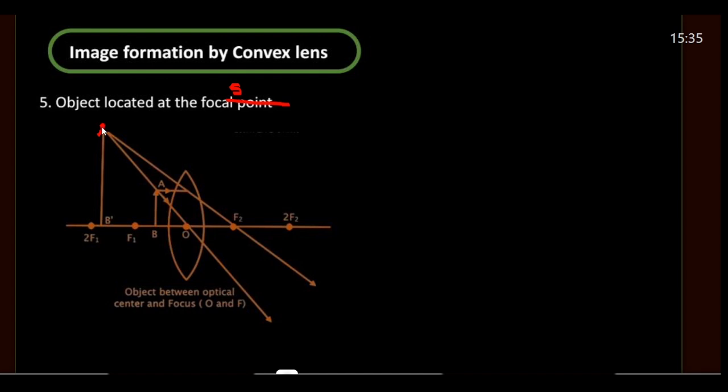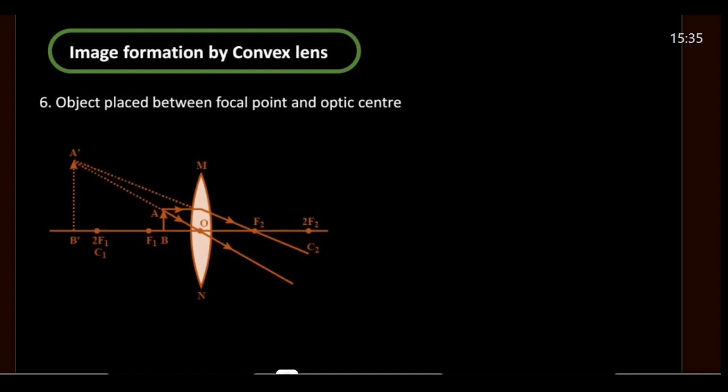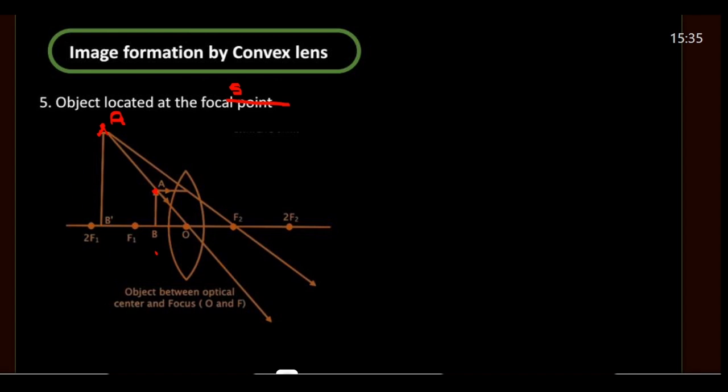So now here this point is considered as A. From this point A, we have taken two rays. So the fifth case is when we place the object at focus, right?